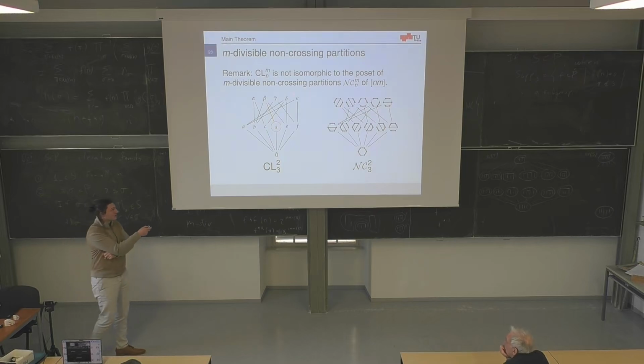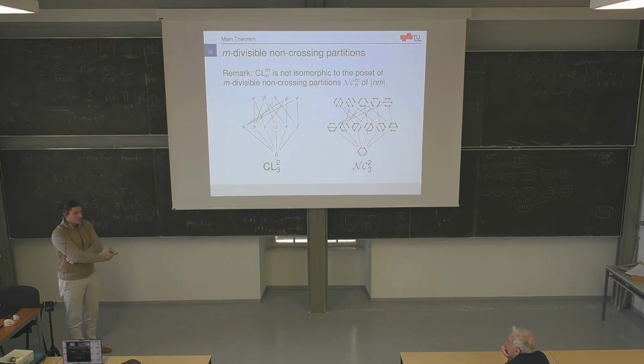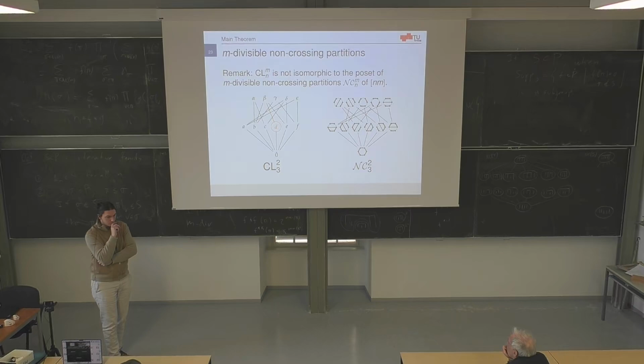As you can see here in the co-label order, there appears one node that has only one upper cover, which does not appear on the right-hand side. So they are not isomorphic, but we obtained the same numbers.